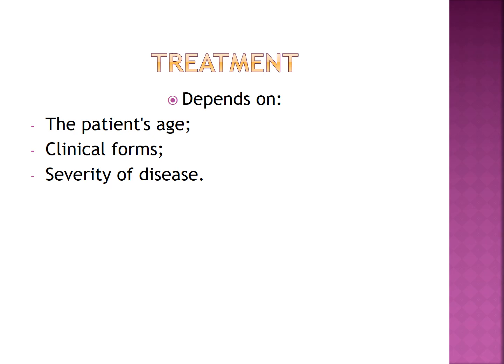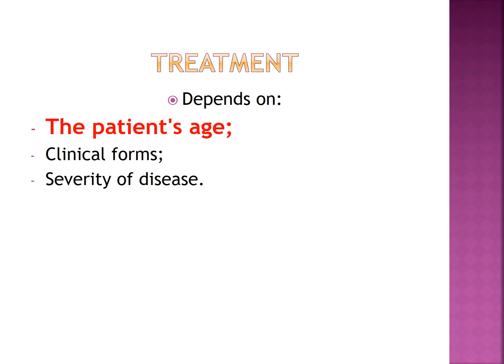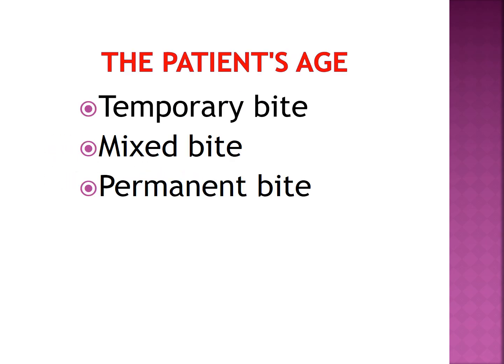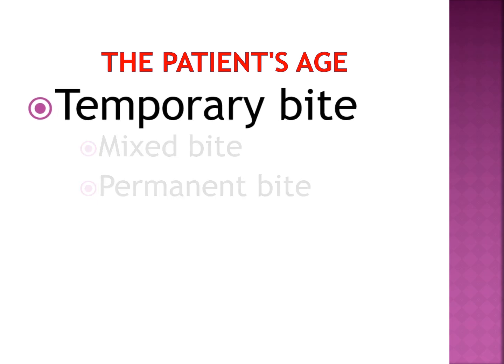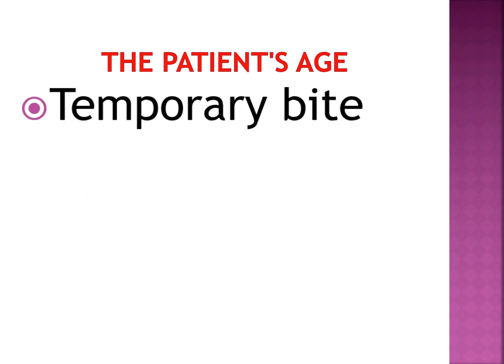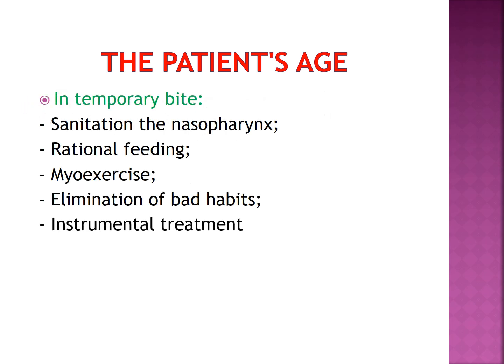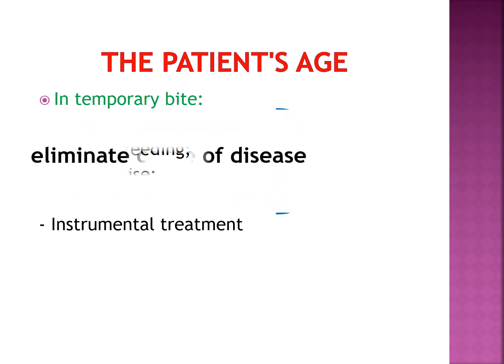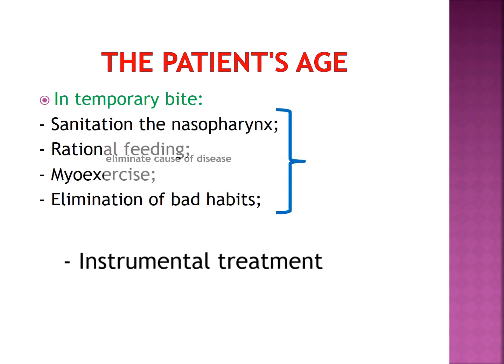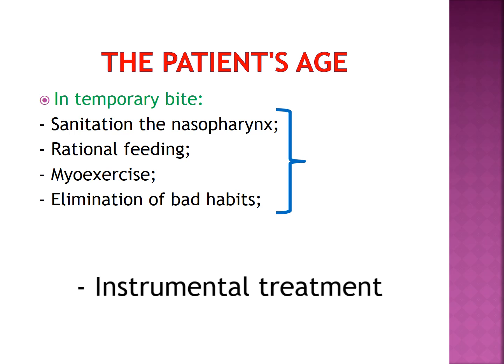Treatment depends on the patient's age, clinical forms, and severity, temporary bite period. The same scheme. At first, we need to eliminate cause of disease, and only then we can use instrumental treatment.